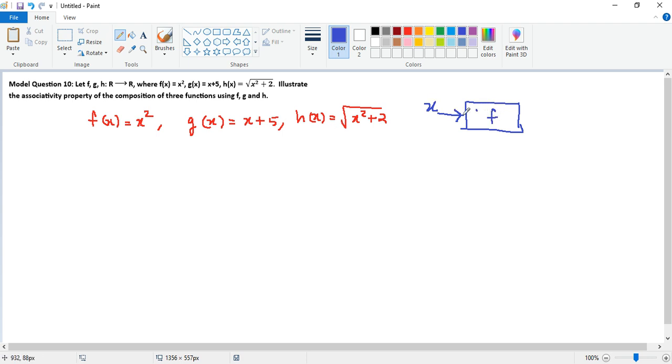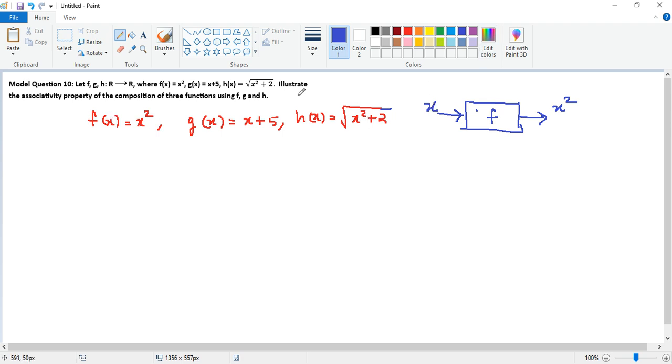So what it means is if you give x as input, the function will do something to the input and output that value. So what f is doing here is it just squares it, right? Similarly, g is adding 5 to the input. h is squaring x, adding 2, and then taking the square root, right? So that's what a function does.